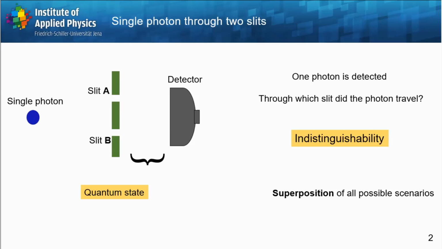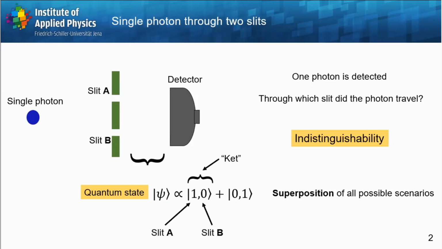Going a bit more into the way we represent this, we can write this formally as a quantum state behind the double slit. Since we don't know through which slit it went, this indistinguishability allows us to put all the possible scenarios as a superposition.